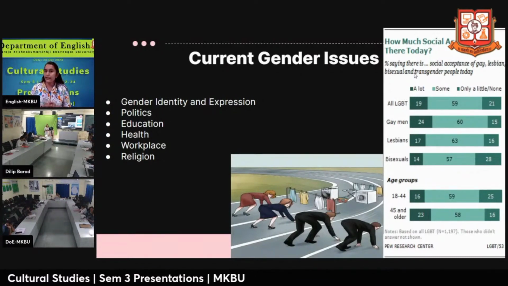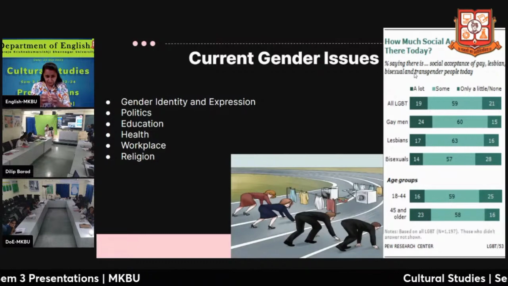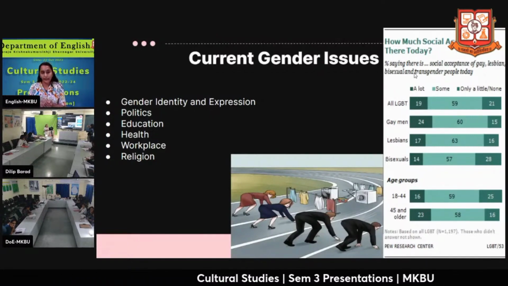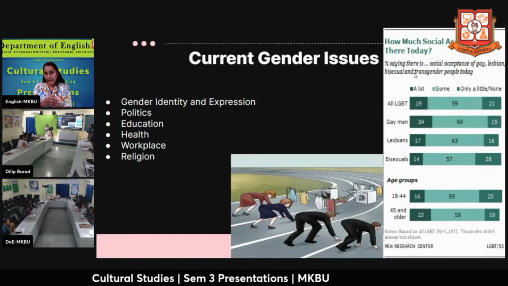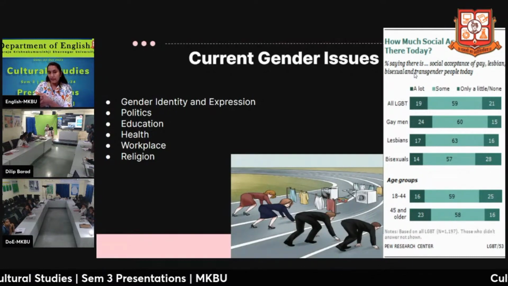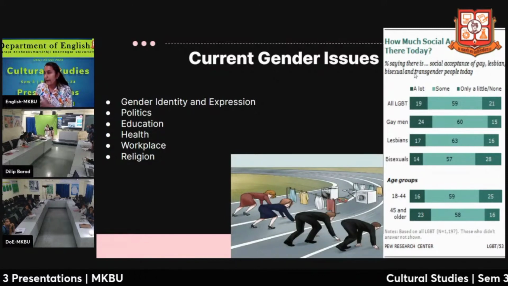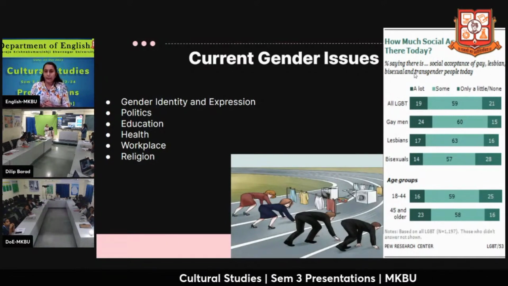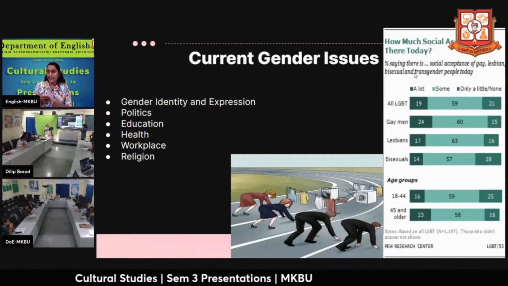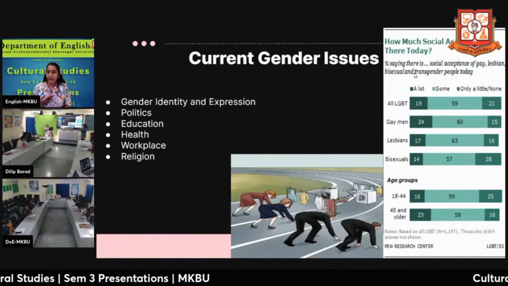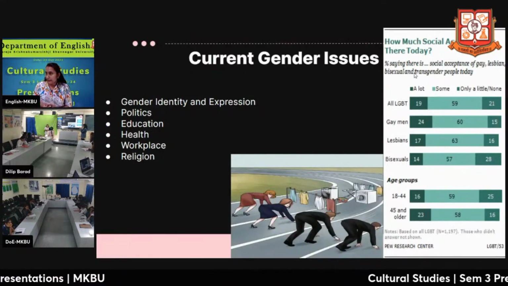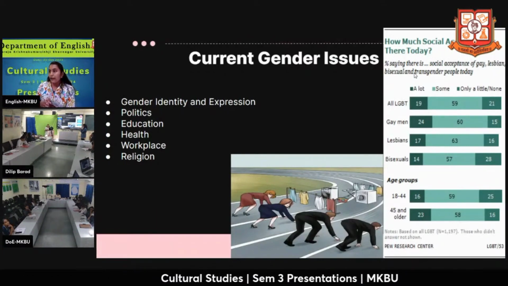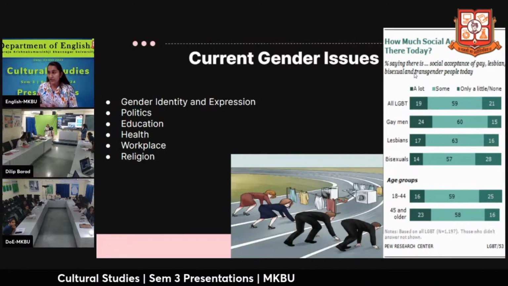In our society there are many genders, such as LGBTQ, transgender, and others. But in our society, we cannot accept gay and lesbian relationships.